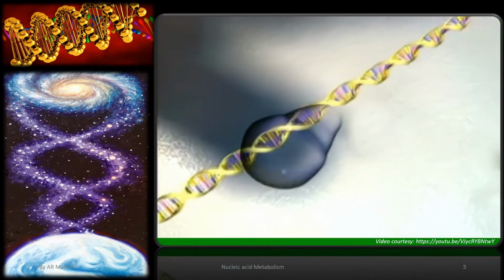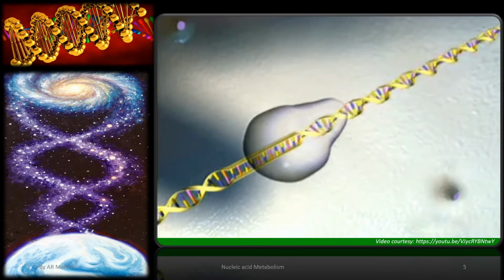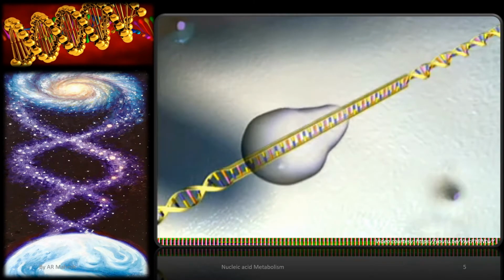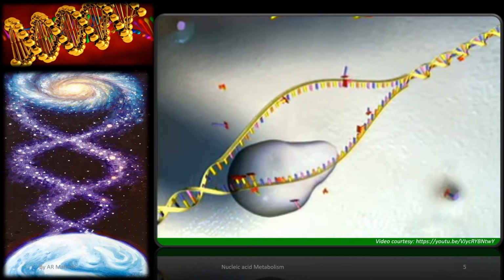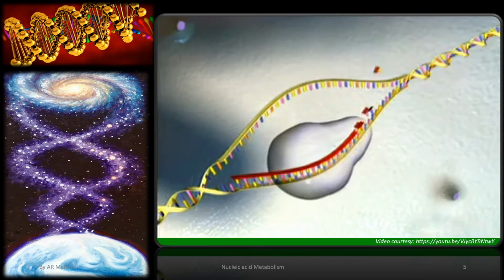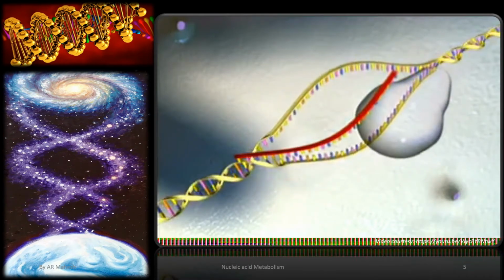RNA polymerase copies the information in a gene into a messenger molecule, messenger RNA. The building blocks of messenger RNA and DNA are called bases. The bases on one strand of the DNA specify the order of bases on the new strand of messenger RNA.